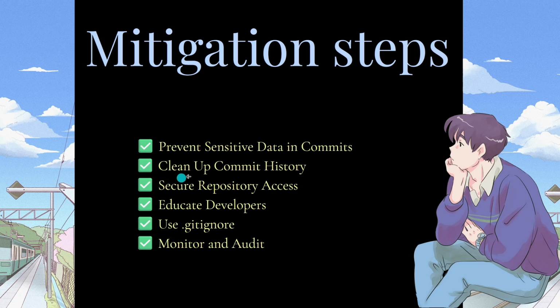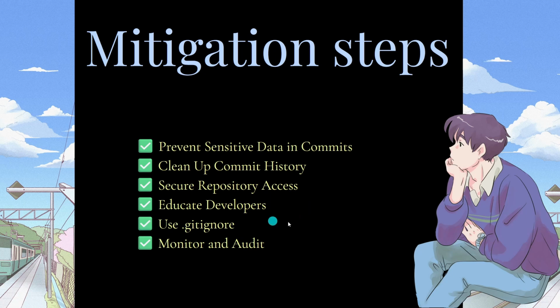Clean up the commit history. If accidentally you had entered the password or something, immediately clean up the commit history. Secure your repository access. Don't give access to anyone, just keep it private to yourself or the developers you are working with.